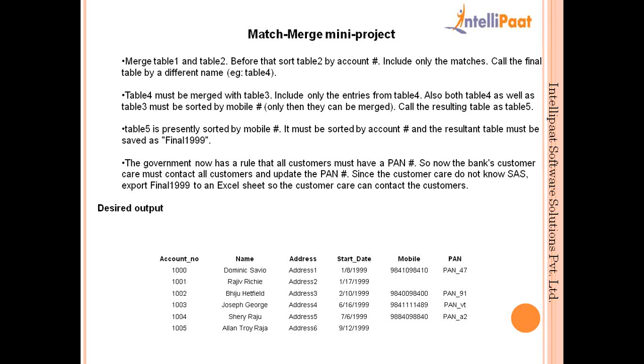So basically, let's do it together: merge table 1 and table 2, before that sort table 1 and table 2 by account number, include only matches, and call the final table by a different name, table 4.